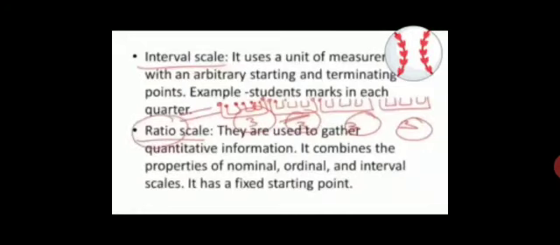The next scale is the ratio scale. As you can guess from its name, it is relevant to the ratio. It is used in quantitative data. They are used to gather quantitative information. It combines the properties of nominal, ordinal, and interval scales. It has a fixed starting point and its ending point is not known.